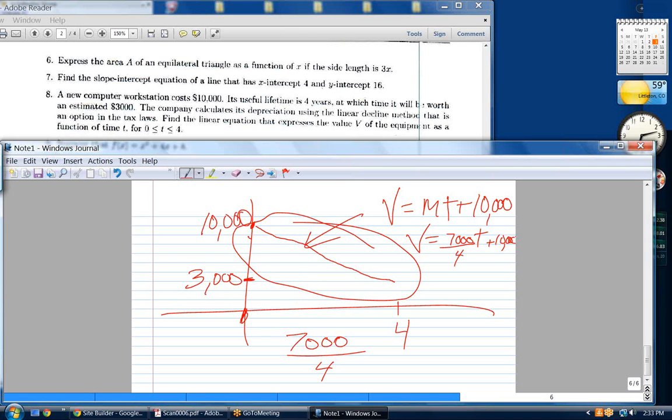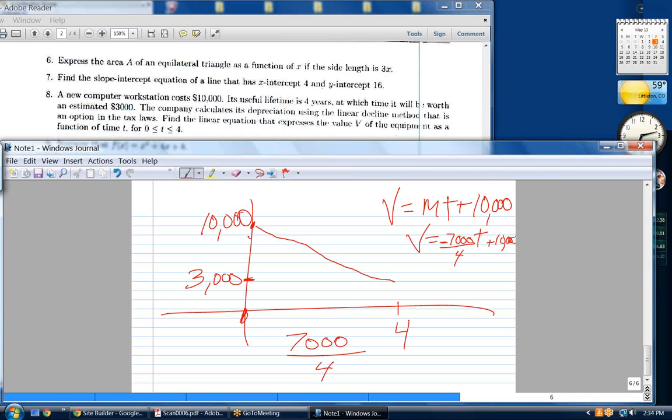Now, the only thing we got wrong was the sign on the slope. It's got to be negative, because once again, we can see that it's negative from our picture. Now, let's see if that works, because it's worth plugging in a value. When t is equal to 0, the value equals 10,000. That's correct.